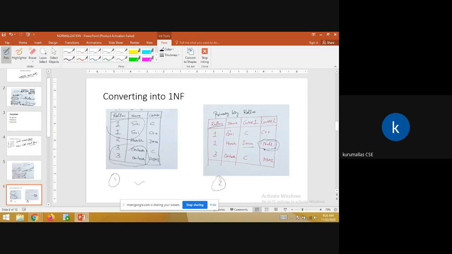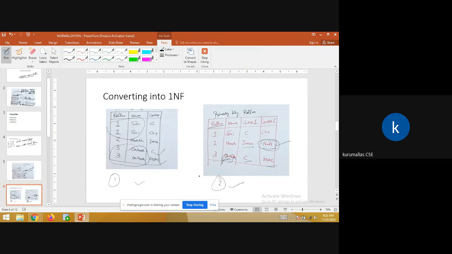Harsha did not join a second course, so it's set to null. Then the third one is Raja, with C and DBMS, right? In the same way, C and DBMS, two courses are joined.